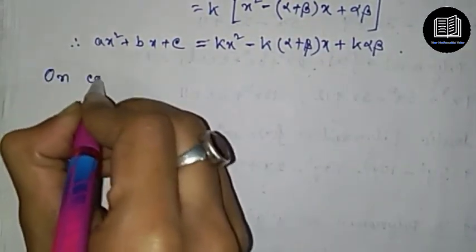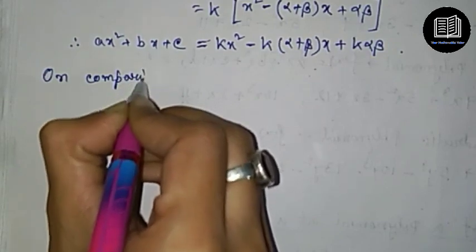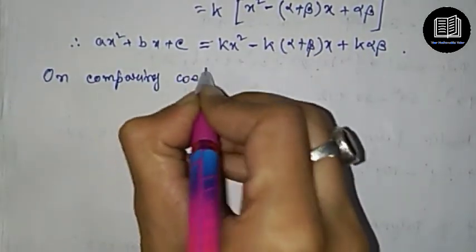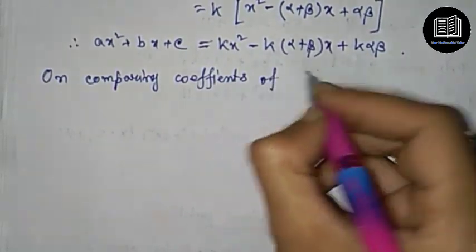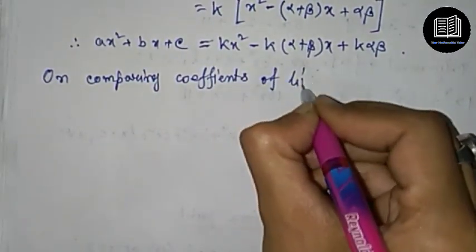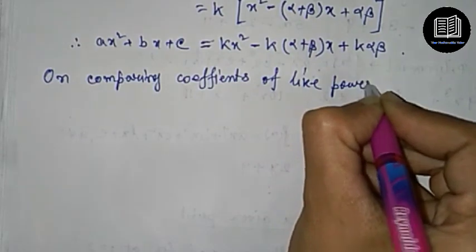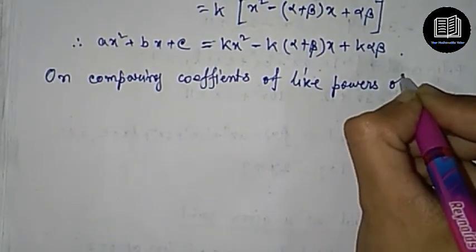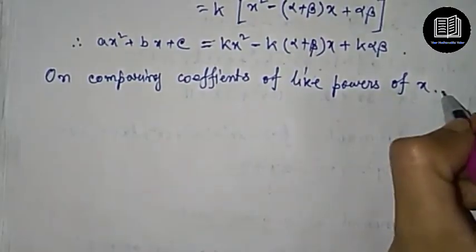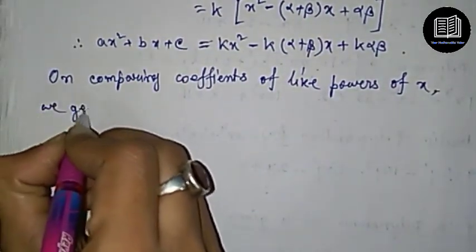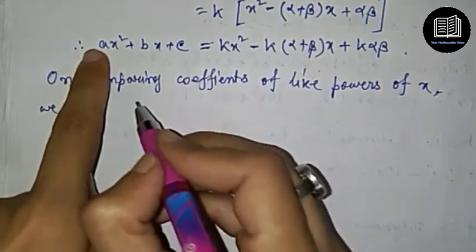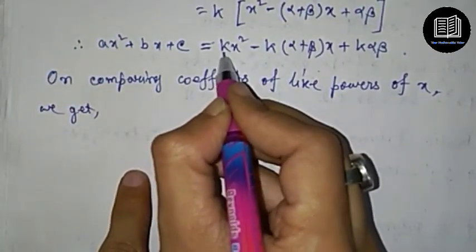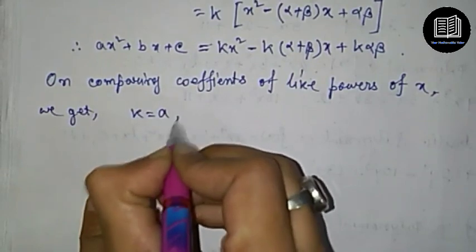So on comparing coefficients of like powers of x, like powers means same power of x, we get: the coefficient of x square here is a, here the coefficient of x square is k, that means k equals a.